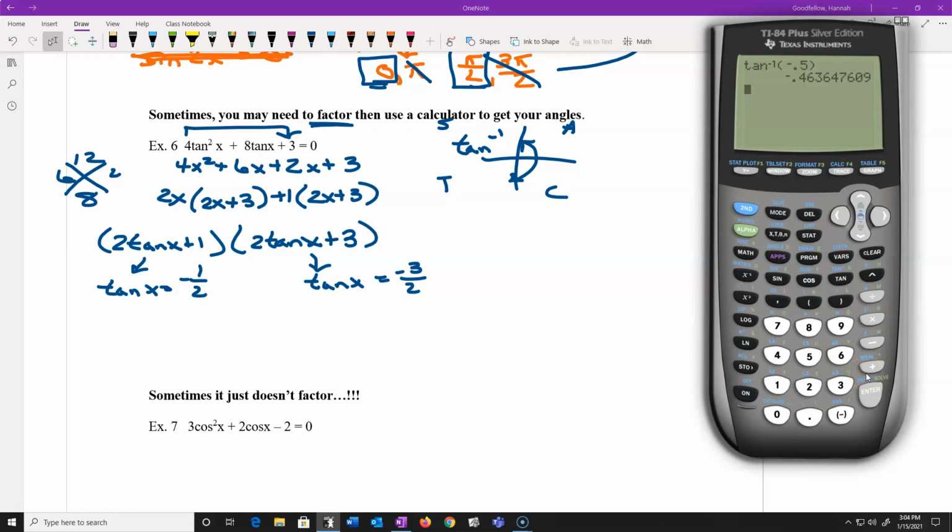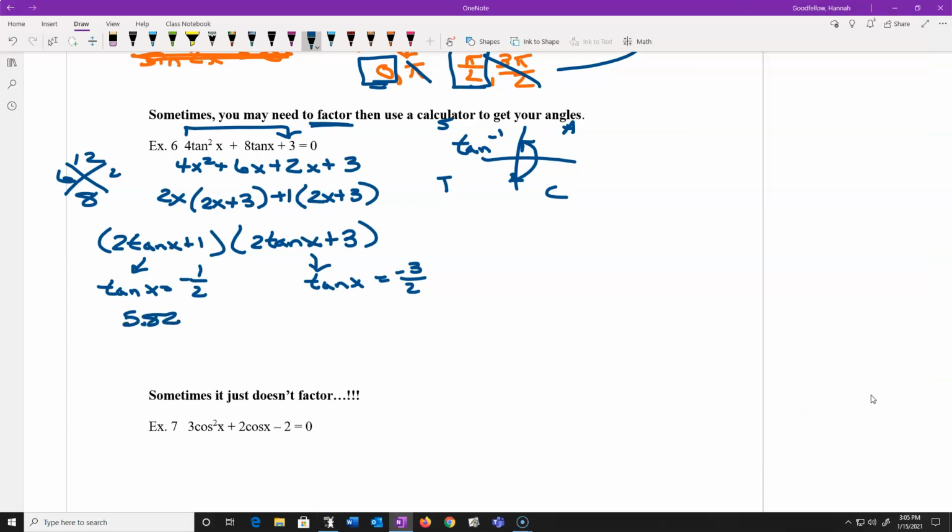You could write that one as its completed value, so let's think about it as its positive route. So I'm going to add 2 pi to this, and ultimately I'll get an answer of 5.882 or something like that. Now, that's the one that's in the fourth quadrant.